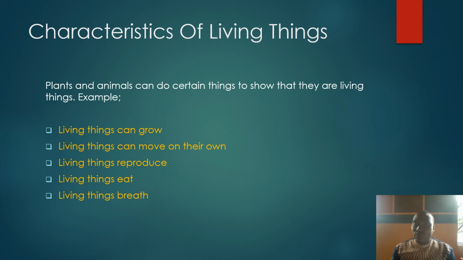We also move around by walking from one place to another. Fishes use their fins to swim in water. Birds use their wings to fly in the air. Other animals also move by crawling, galloping, or by hopping.